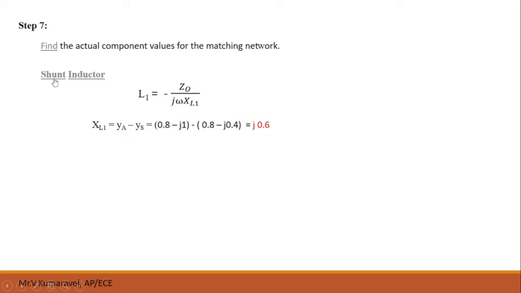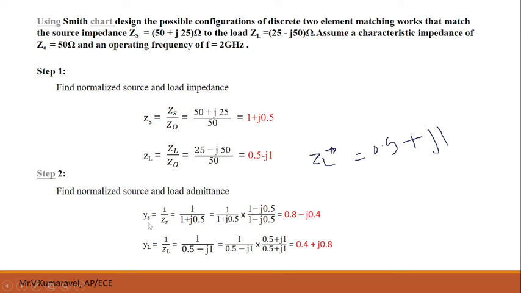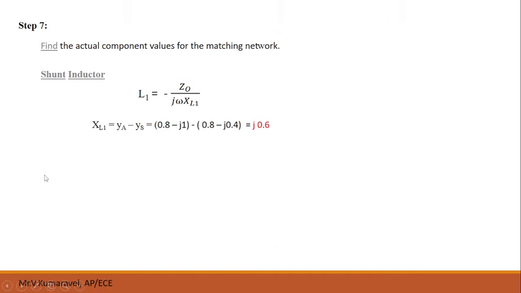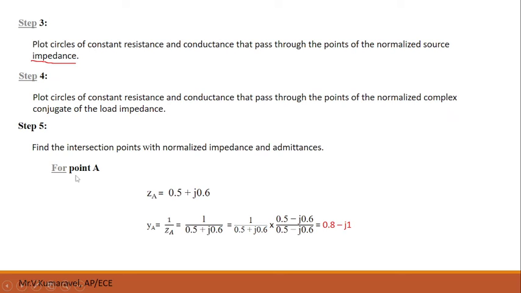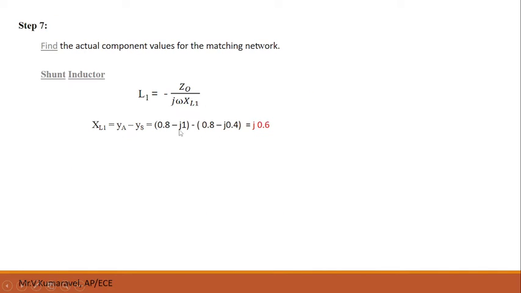YA, the admittance of point A, as well as the source admittance, we have already calculated. The source admittance is 0.8 minus j 0.4, whereas for point A the admittance is 0.8 minus j1.